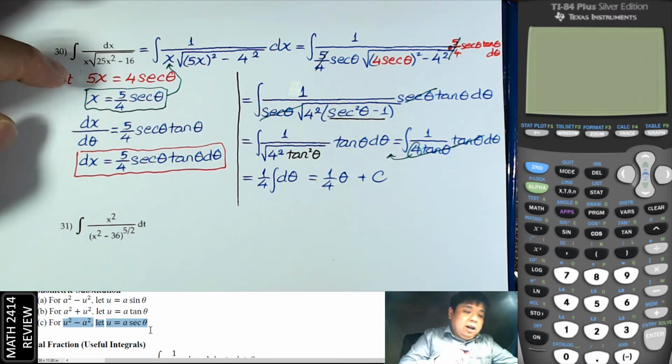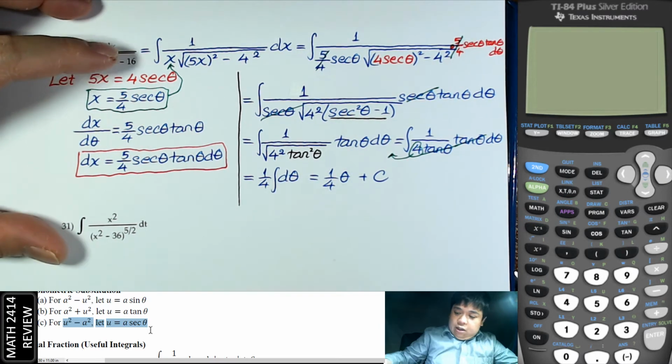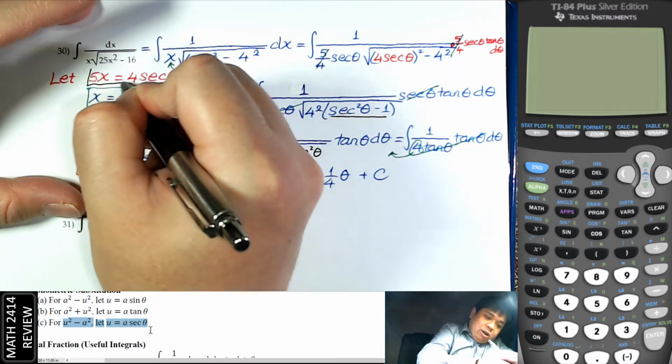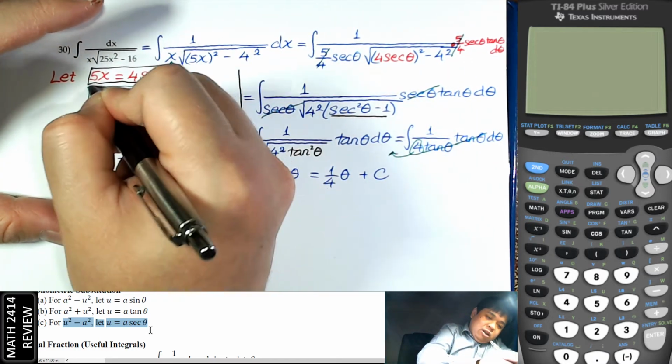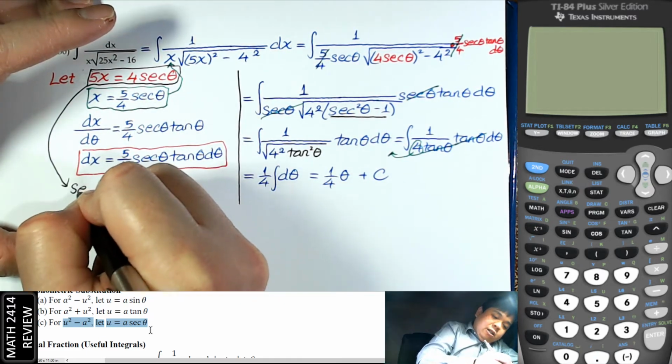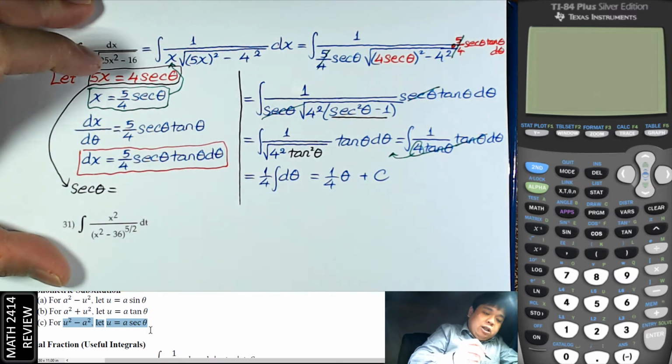And we need to solve for it. What is theta? So from, let's use this one. Or this one, doesn't matter. Secant is going to be 5x over 4.